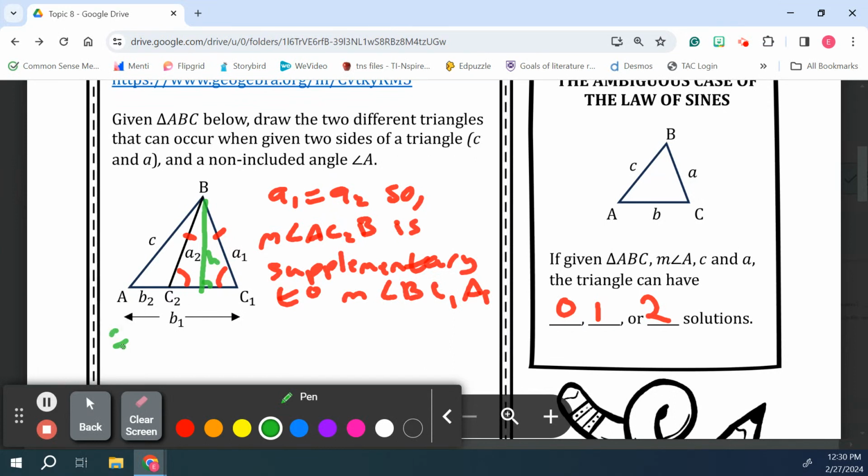And we have two solutions when A1 is greater than H. All right, so everybody have this written down.